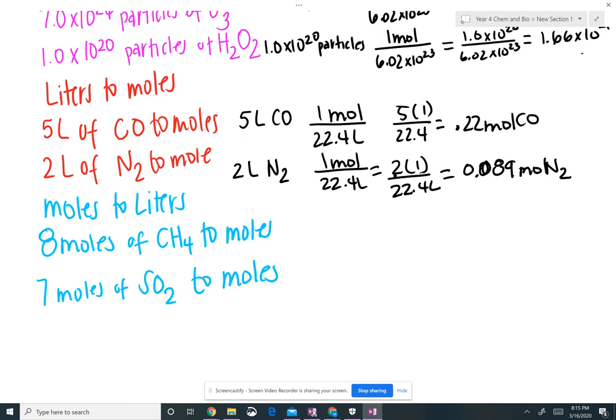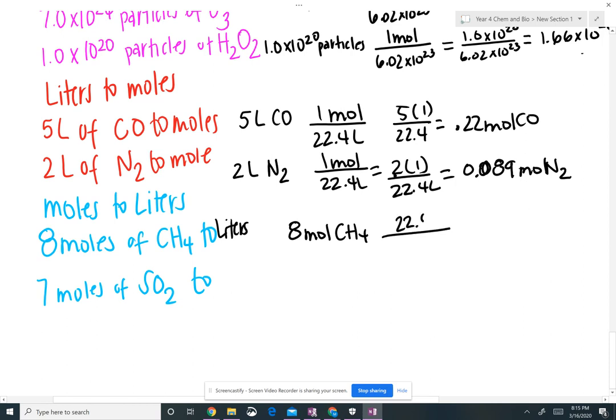And you guys can do the same thing the other way. So if I had 8 moles of CH4, I'm going to convert that to liters. My bad, I wrote the problem wrong. We're going to liters, right? So if I want liters, I want to make sure that I have my 22.4 liters at the top, is 1 mole.